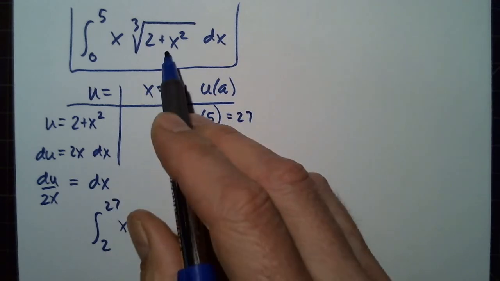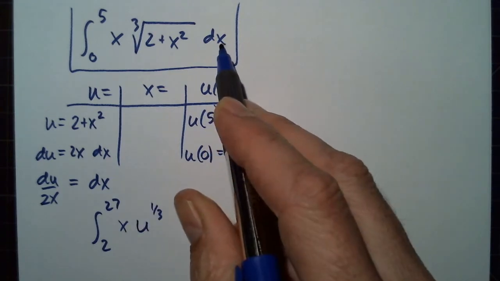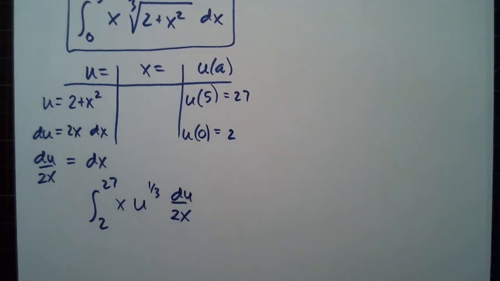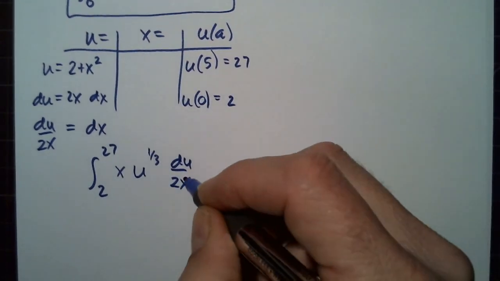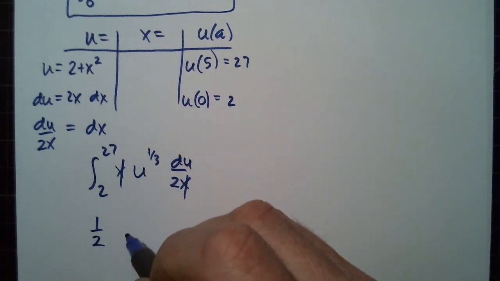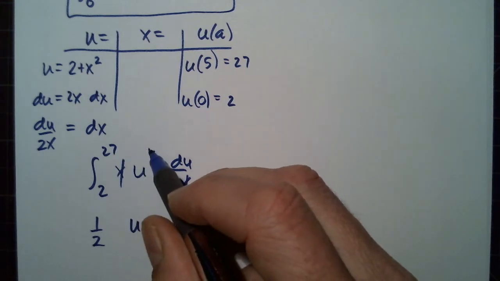x, that'll be u to the 1/3. dx is du over 2x. So the x's cancel, and we have 1/2. Add 1, so we're adding 3 over 3.